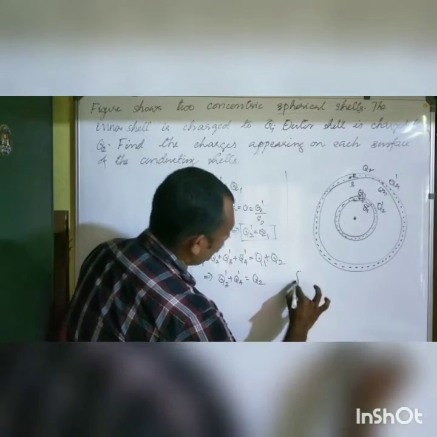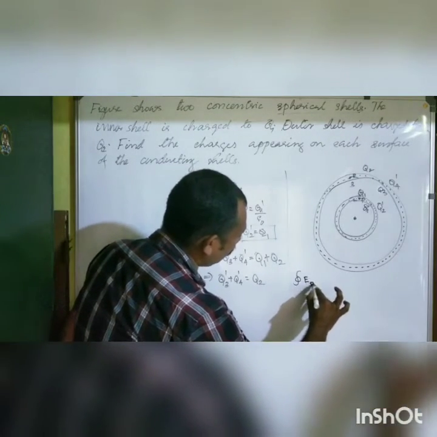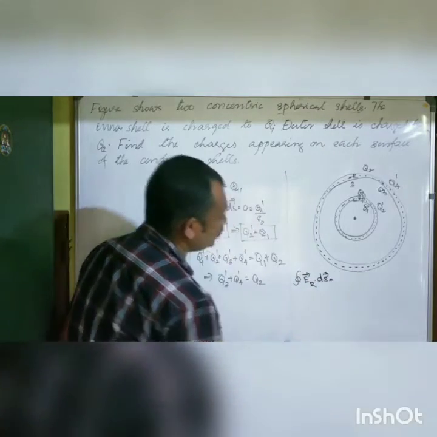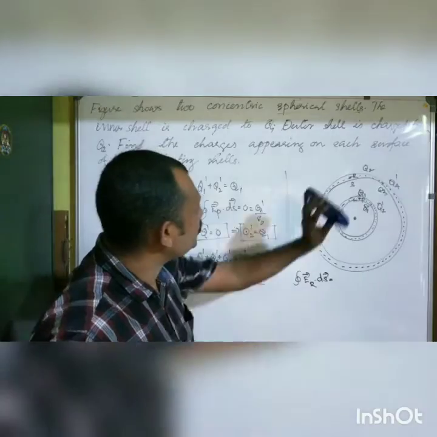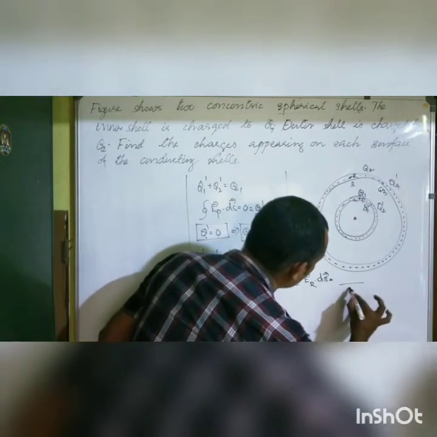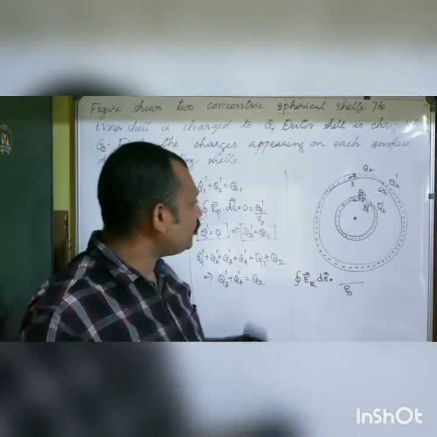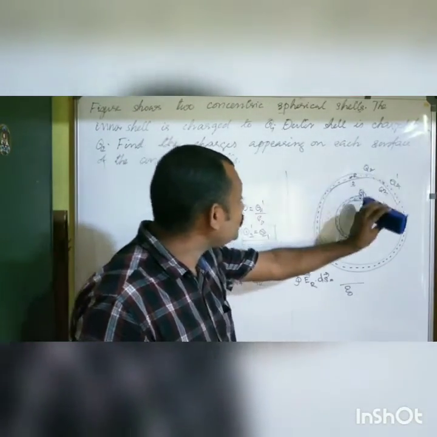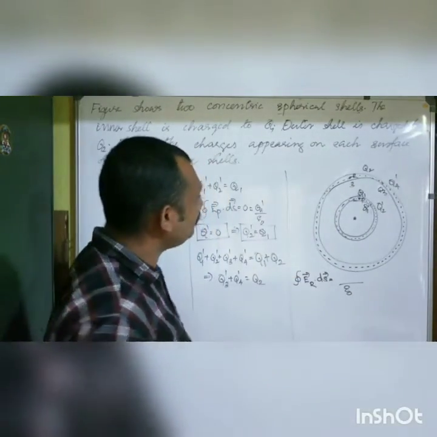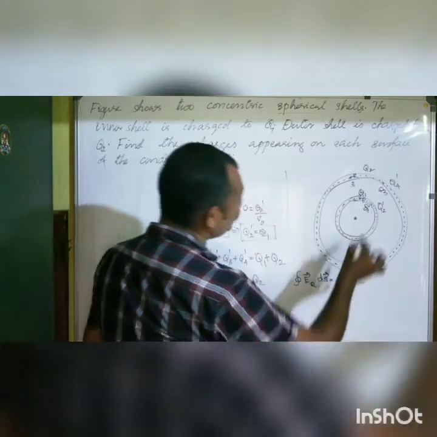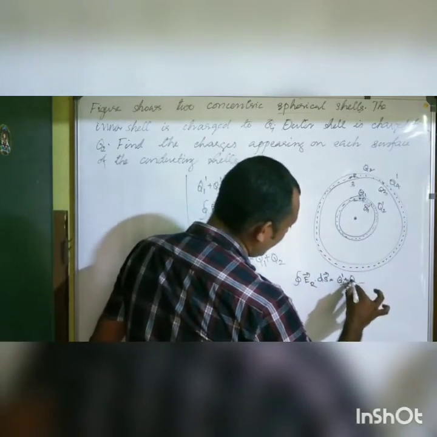Closed integral E dot dS is equal to, that is Gauss's law. Now the right side of the equation, the denominator is epsilon 0. What should be the numerator? Charges enclosed by the Gaussian surface. Which are they? Q1 dash plus Q2 dash.